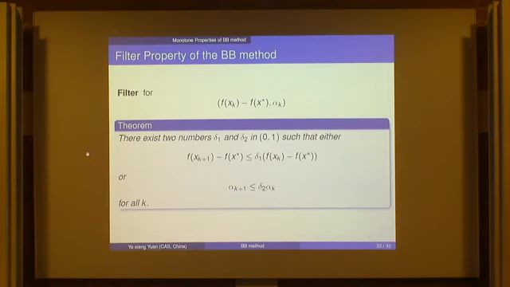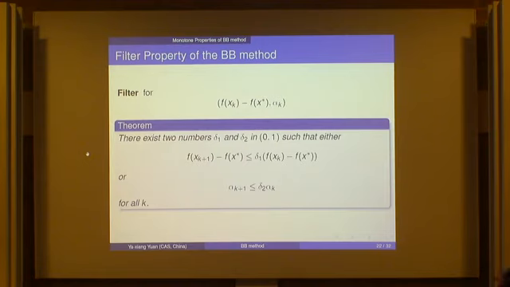This is what they call the filter property of the BB method. Another sense is to look at the function residual and also the step size, and compare these two.